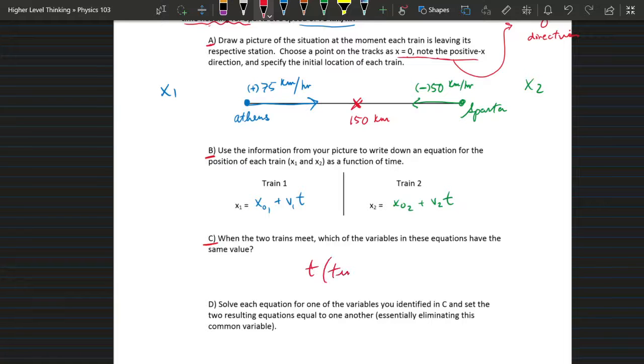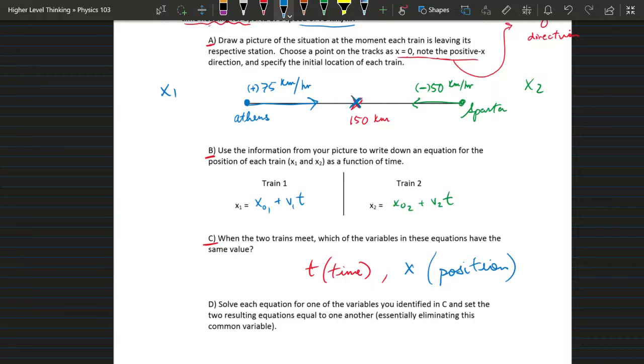So that's our first variable. Additionally, if you and someone are in a hallway and you both start moving towards each other at the same time, and then you cross paths for an instantaneous second, you guys have the same position with respect to that hallway.